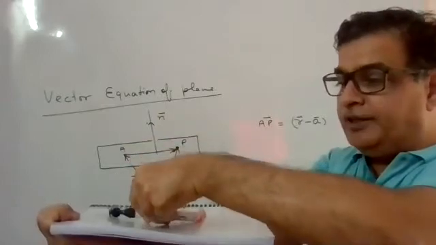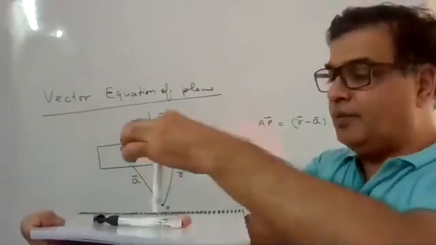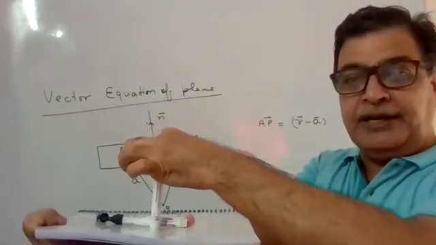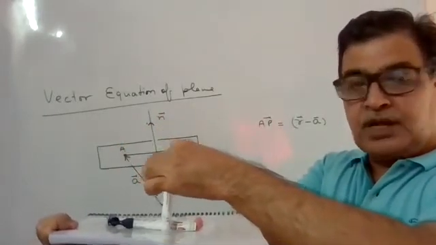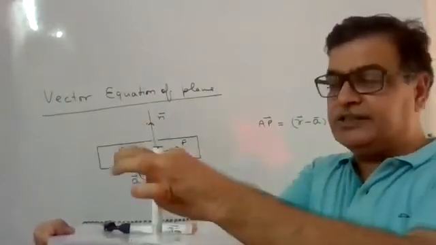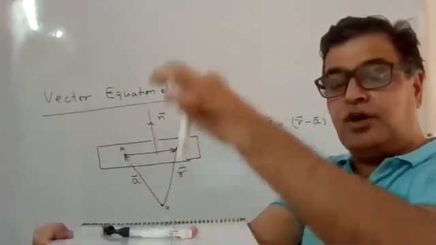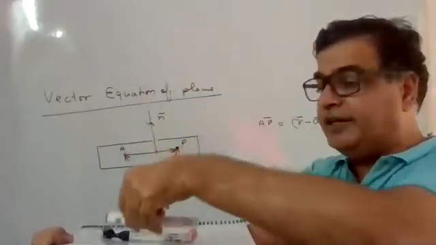If you join these 2 points, will they be perpendicular to the normal? Any 2 points you take on this plane, and this is the normal. This normal will be normal to each and every line in the plane.